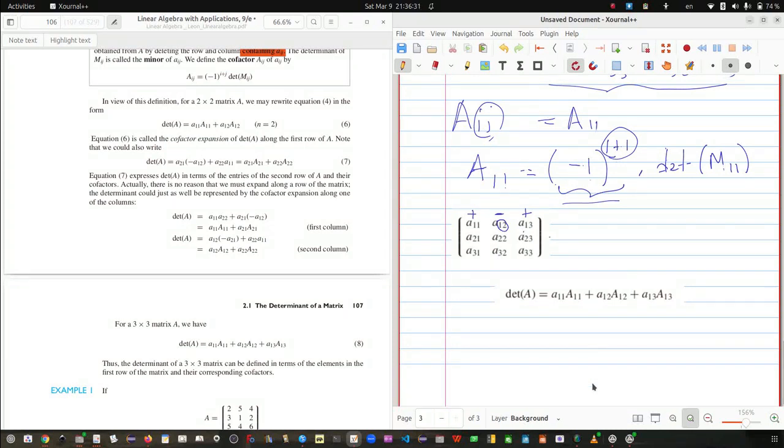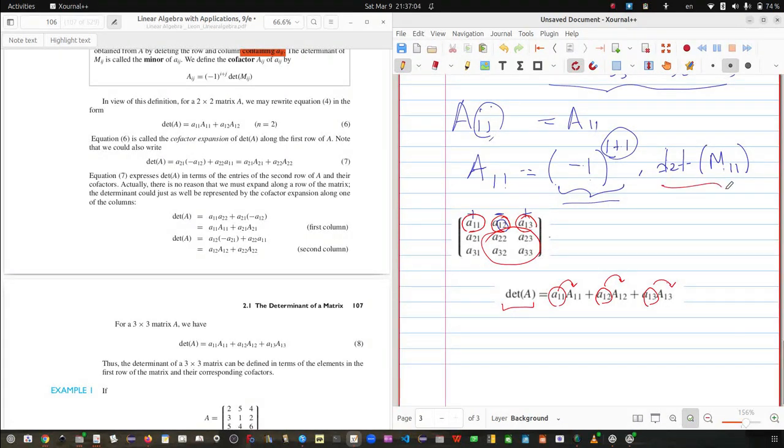So now A11, we are taking the first row, A12 and A13. So it says the determinant is equal to these elements multiplied by their cofactors. So what's the cofactor of 1, 1? We say assume this line, the column and the row, is gone. Then this is the matrix we are talking about for the minor.